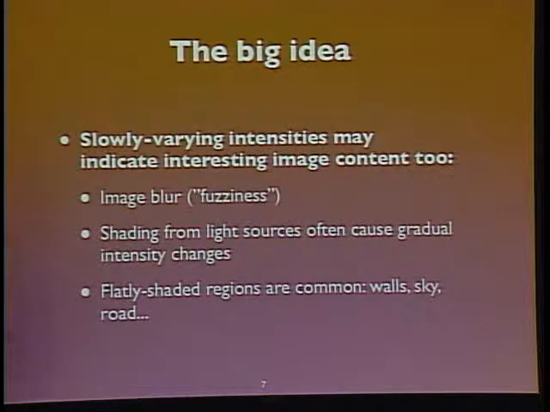So if you detect that the image intensities are varying slowly, you can detect the fact that you have a blurry image. And also, if you remember on Friday, I showed you a photograph of my nephew. It was taken with a flash in a dark room.